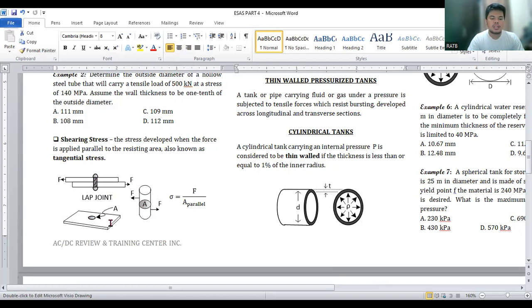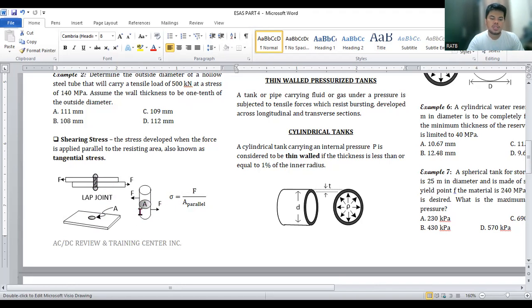The area being considered with the shearing stress is the area parallel to the applied force, which is the circular area as shown, assuming that the lap joint is the one that holds the two plates.